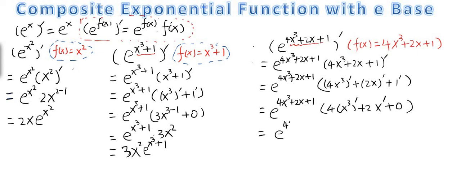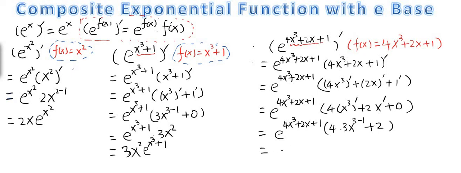And again we have 4x cubed plus 2x plus 1, and the derivative of x cubed is going to be 3x to the power 3 minus 1, and the derivative of x should be 1.